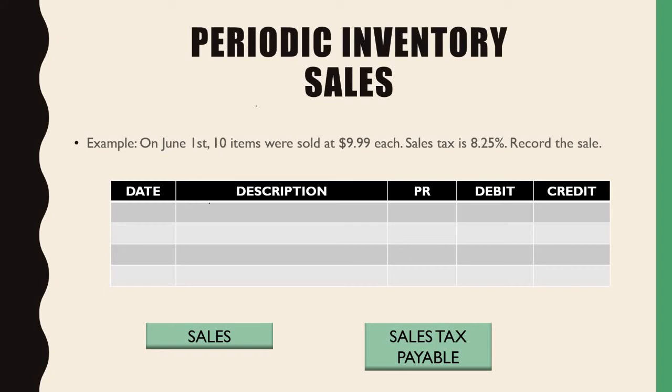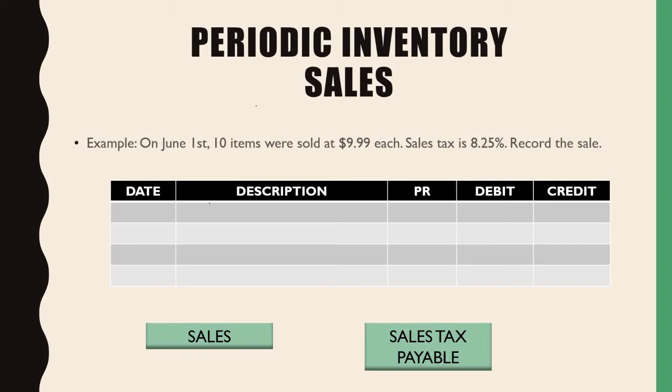Because ultimately, when a customer gives us sales tax, is that money ours? No, we're going to have to owe it to the government, right? So this is why it becomes a liability, because it's not our money. We owe it to the government, all right?